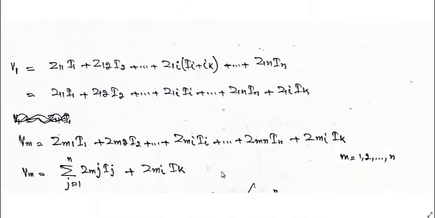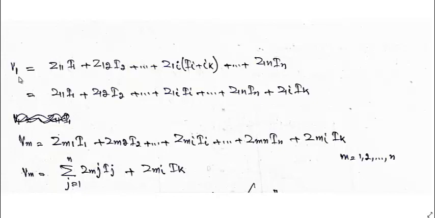So V1 is equal to Z11 I1 plus Z12 I2 plus Z1i (Ii plus Ik) plus Z1n In. This is V1. Because here at the ith bus we have two currents, I will separate it out like this. This is Z1i Ik, because it comes out from here.